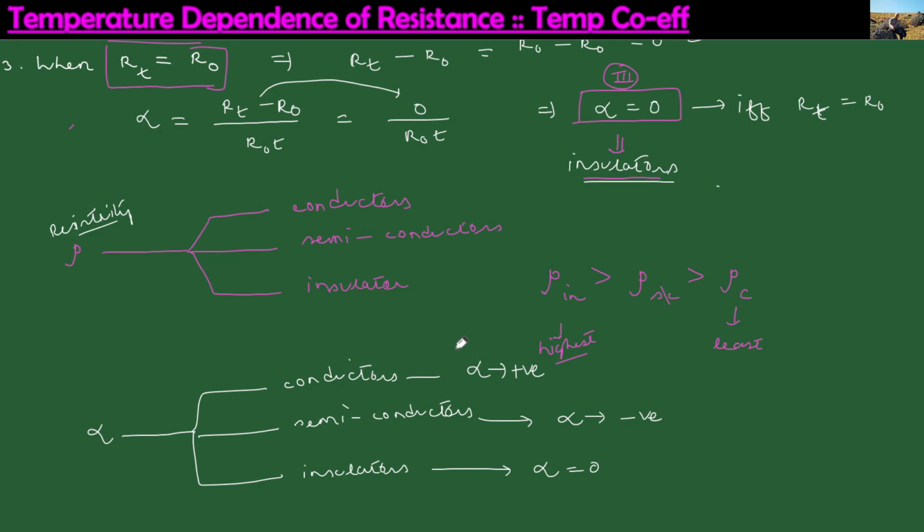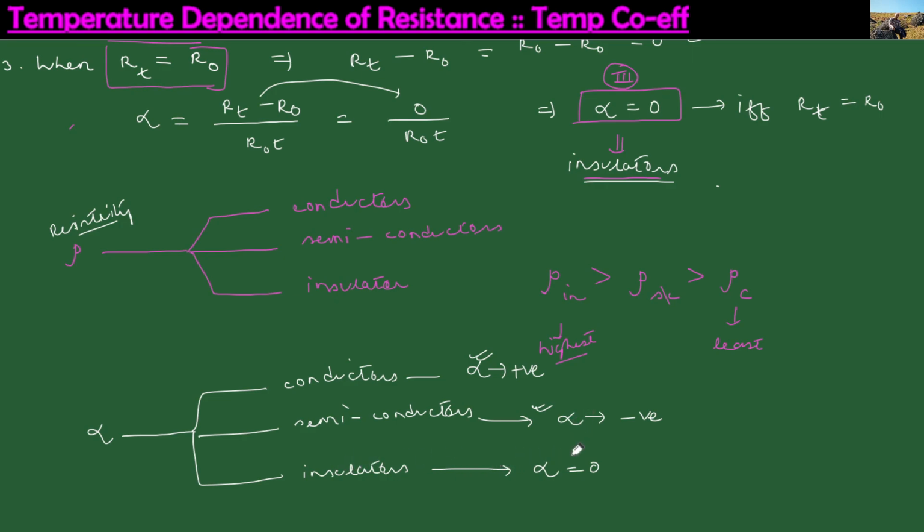Temperature coefficient of conductors is positive. With the increase in temperature, the resistance also increases, so the temperature coefficient also will be positive. For semiconductors, with the increase in temperature, resistance decreases, and hence the temperature coefficient will be negative.